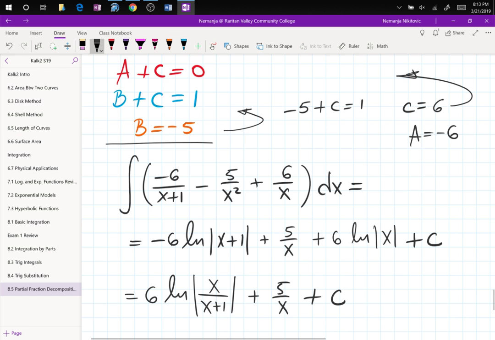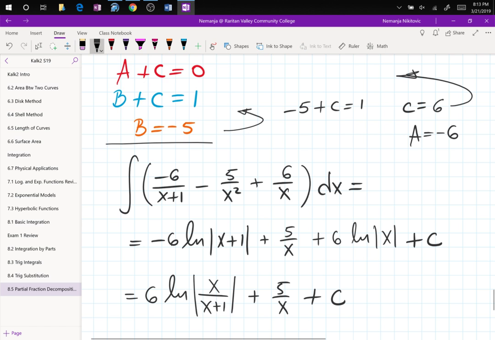Integration. Anytime you see a constant over a linear, it's always going to be ln. And you will always get the same thing if you do u sub: the constant, or number on top, goes in front. So you see your negative 6 over here, and you see your 6 right there. It's a pattern. It's always the same.